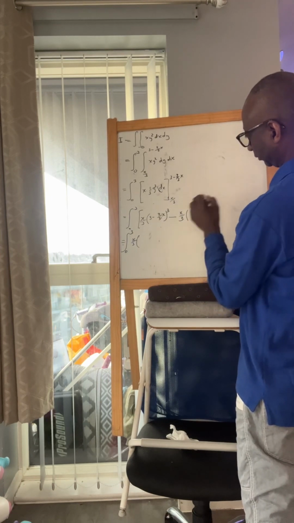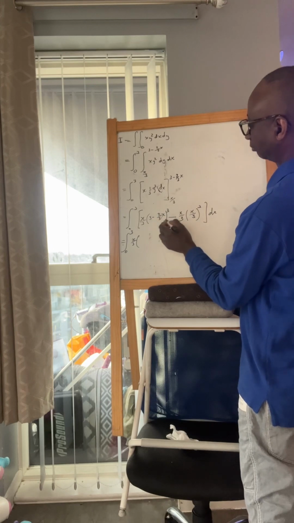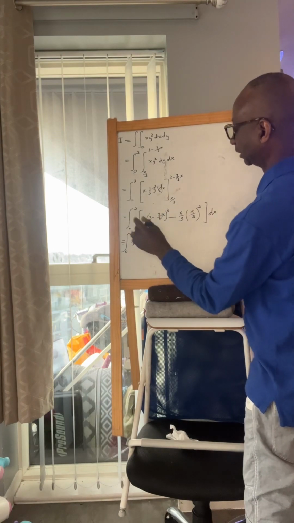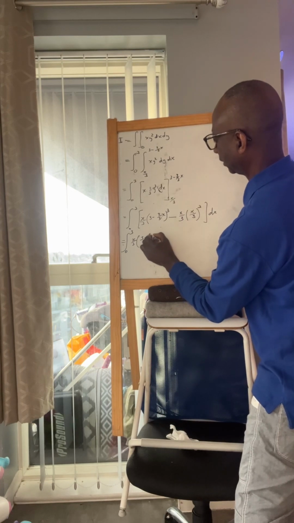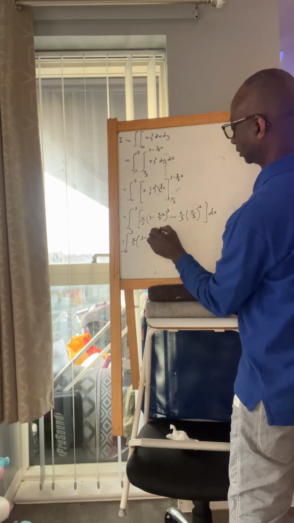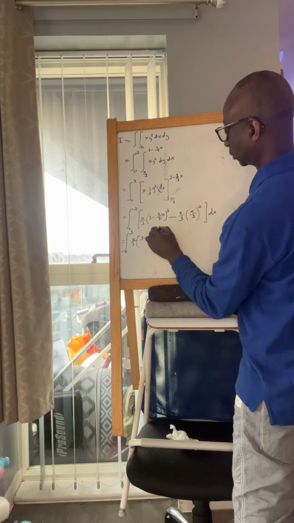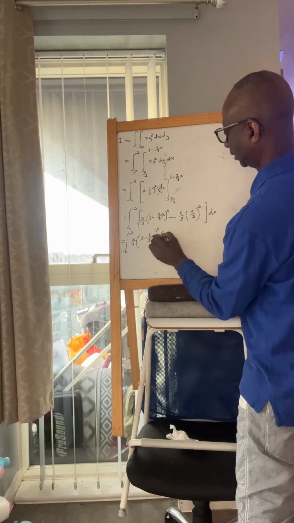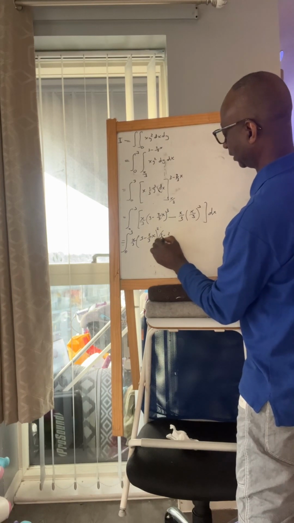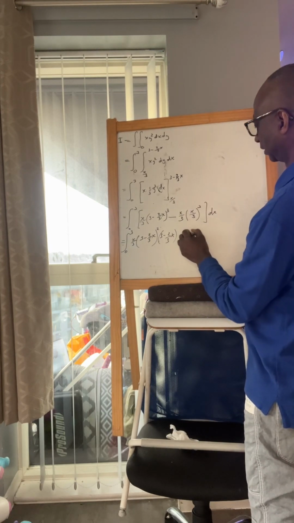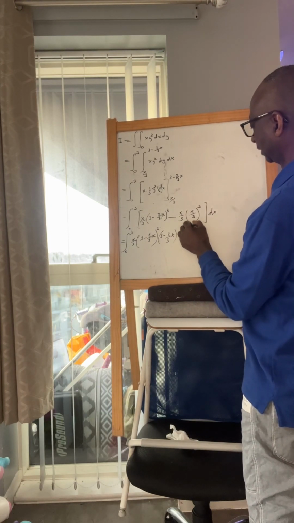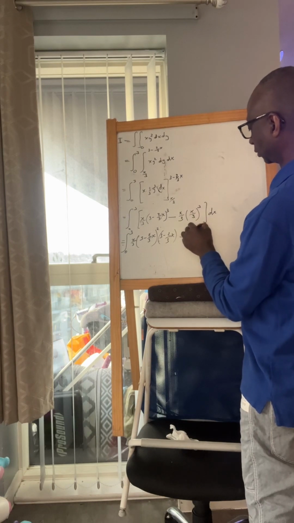Let's do it in a proper way. 3 minus 2 all over 3x squared times 3 minus 2 all over 3x. This is what you have, minus x all over 3. Now going to be x all over 4.